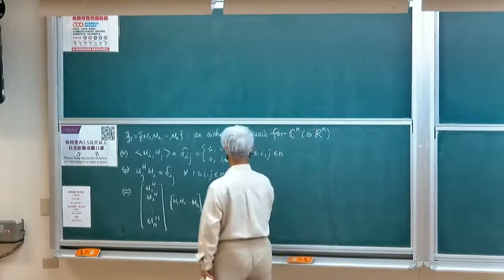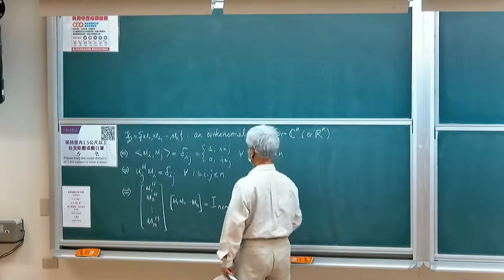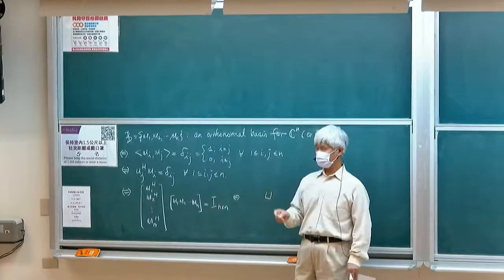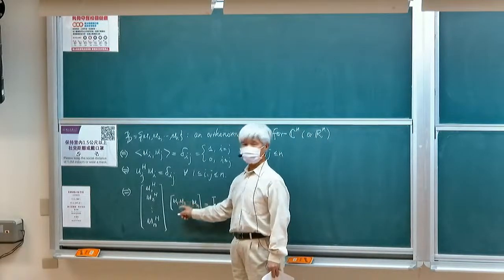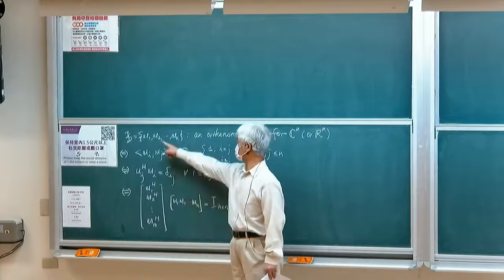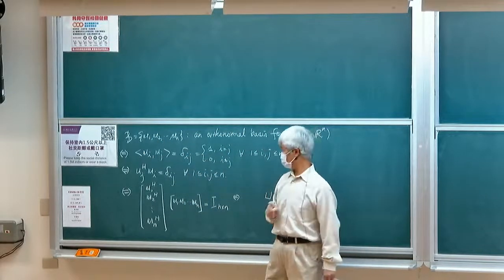Okay, so if no, then we call this the U matrix. The U matrix is formed by taking its columns as the basis vectors in this orthonormal basis B here.